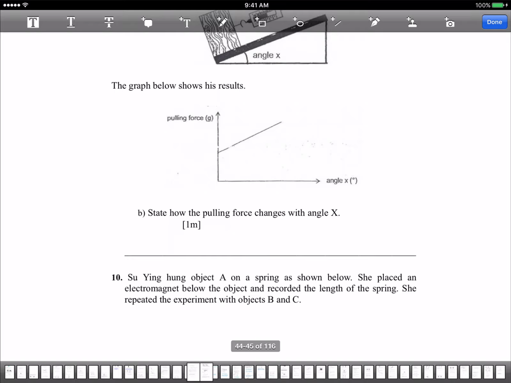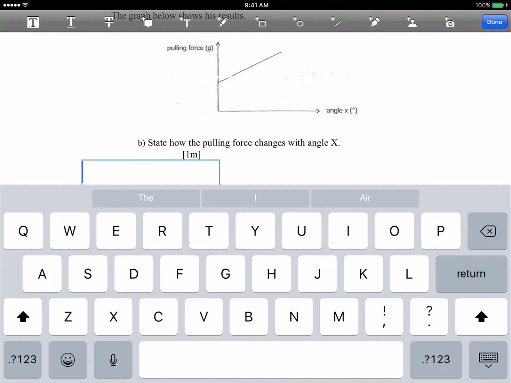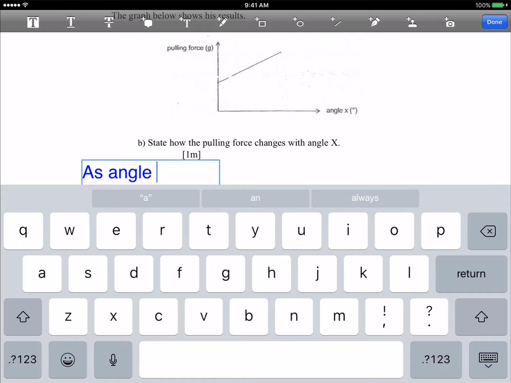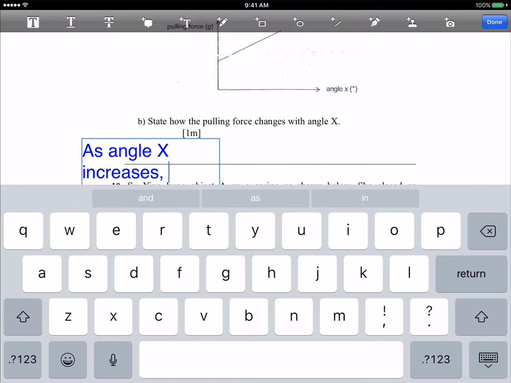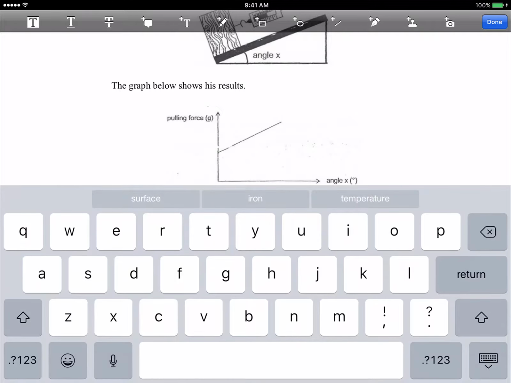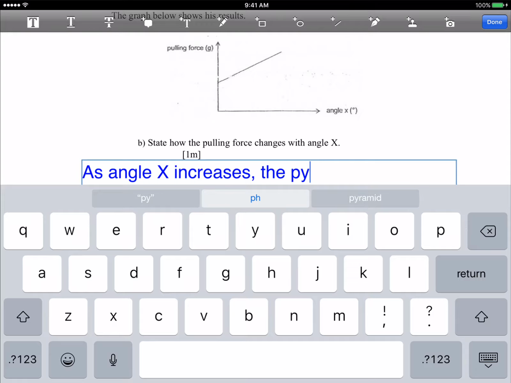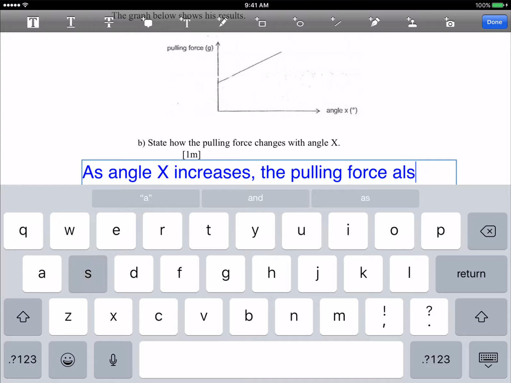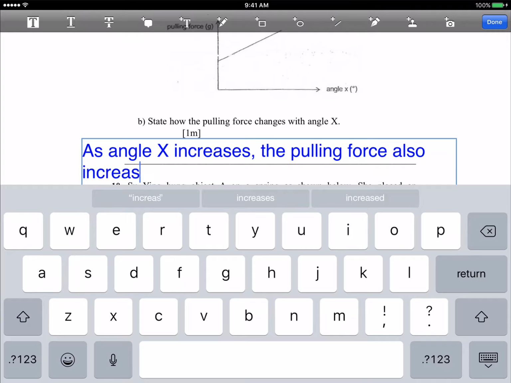So we say that as angle x increases, the pulling force also increases.